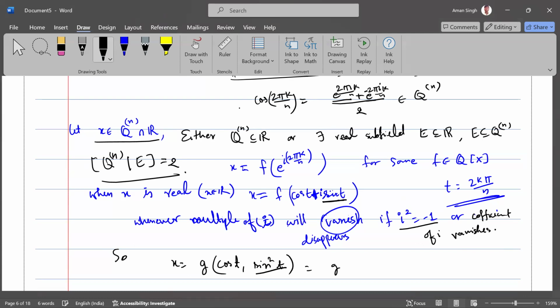So this is g of cos t, but sine squared t is 1 minus cos squared t. Everything is reduced to a polynomial where only cos t appears. So this belongs to Q(cos 2πj/n). Okay, this is how we do this.